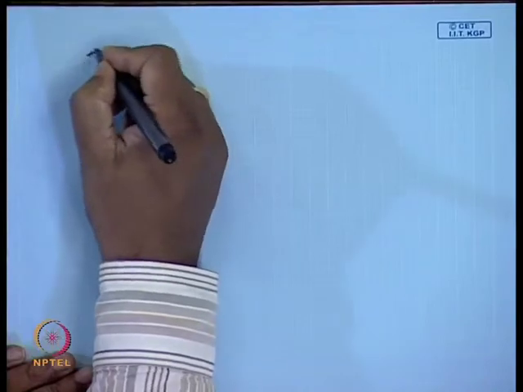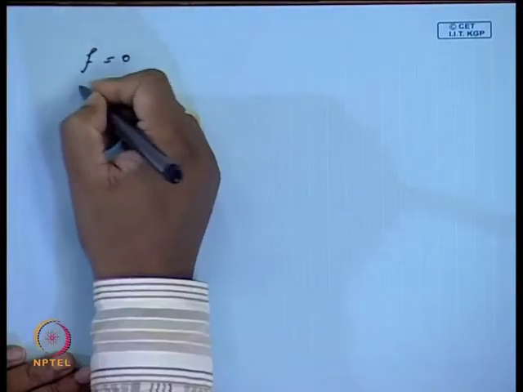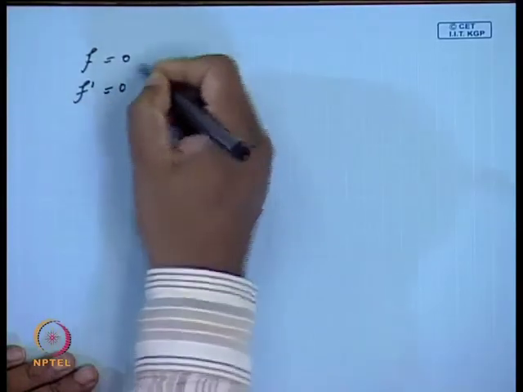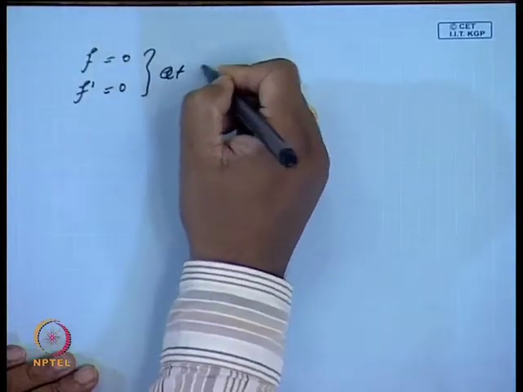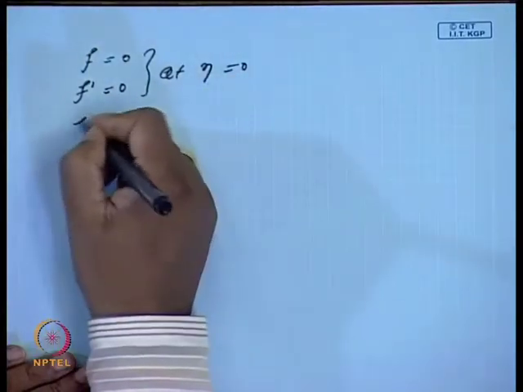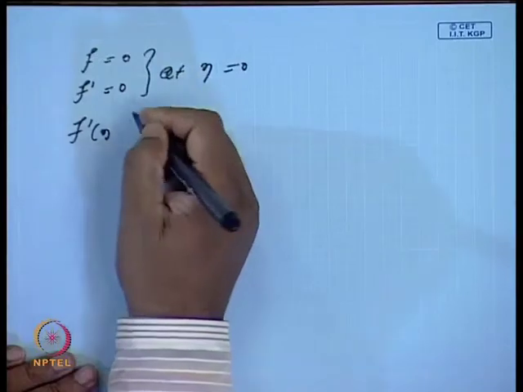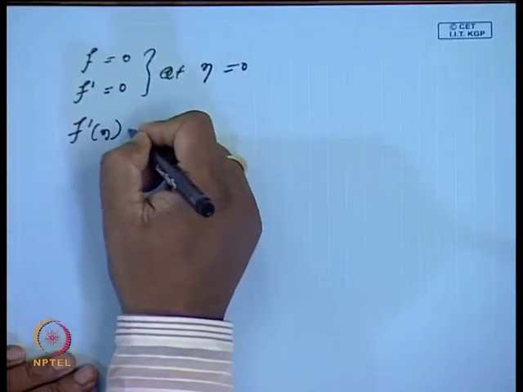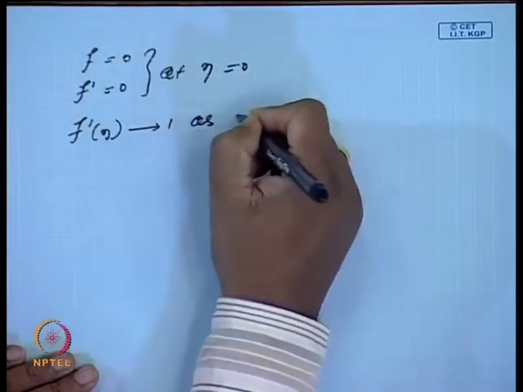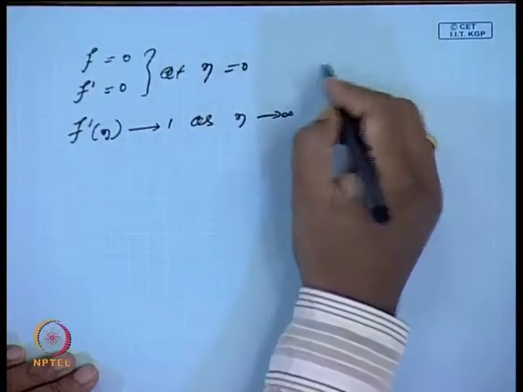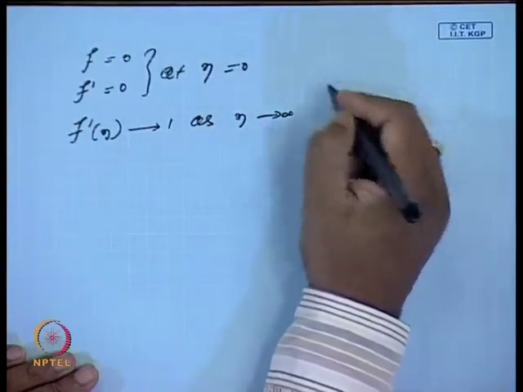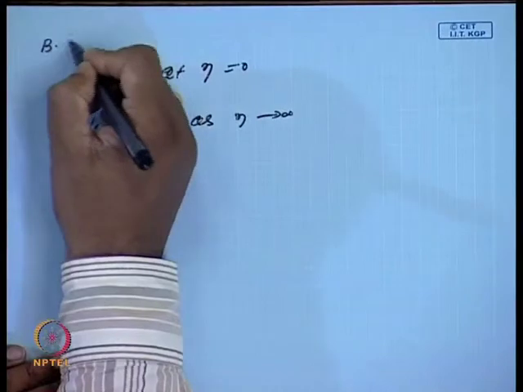What happens to the boundary conditions? They become f is 0 and f dash is 0 at eta equal to 0, and f dash of eta tends to 1 as eta tends to infinity.